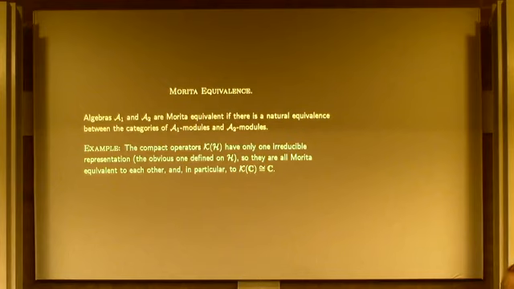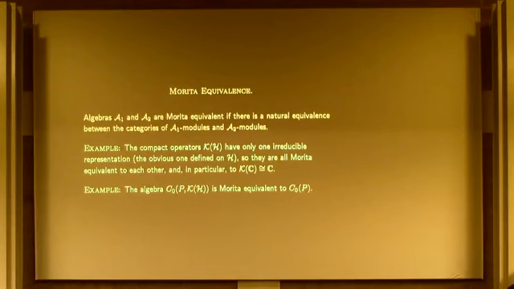the representation theory is quite important. So we'll say that two algebras are Morita equivalent if there's a natural equivalence between the categories of their modules. And as examples, the compact operators only have one irreducible representation, an obvious one on the Hilbert space from which they're defined. So they're all Morita equivalent to each other, and in particular to the one-dimensional Hilbert space version of the complex numbers.